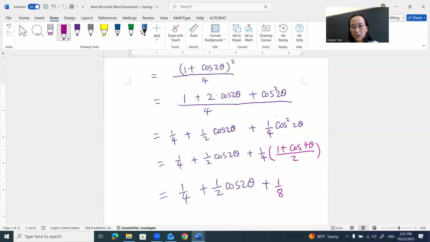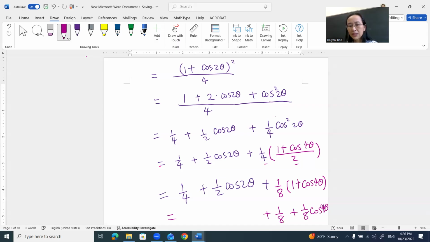That means the numerator is 1 plus cosine 4 theta. The denominator is actually 8 because of 4 and 2. Now we can see that by distributing 1/8 to each term, 1/8 times 1 is 1/8. 1/8 times the second term is 1/8 cosine 4 theta.